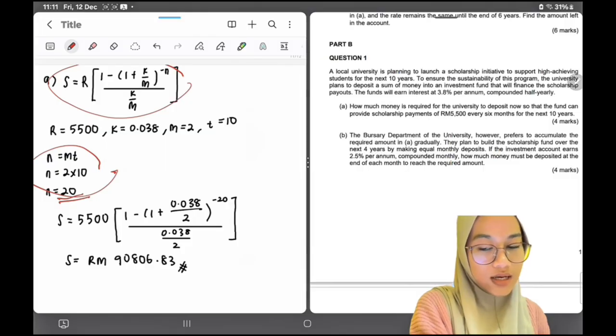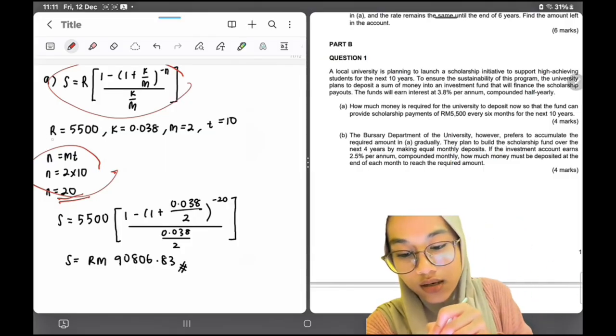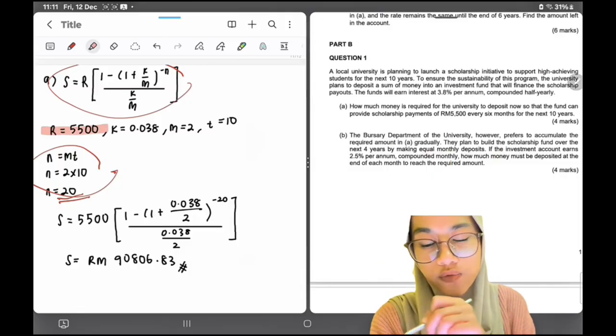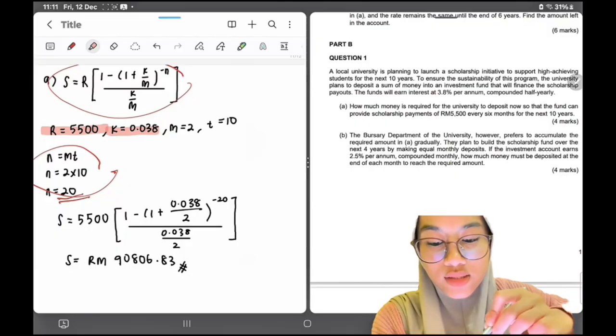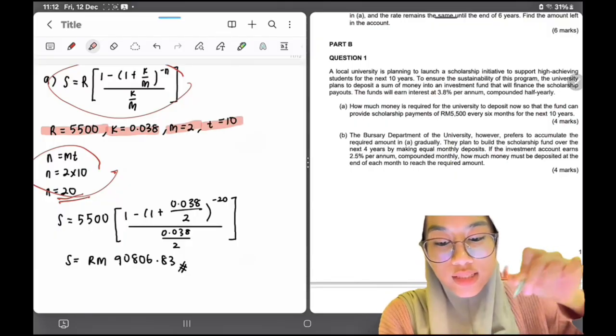I first identify the variables, which are R equals 5,500, K equals 0.038, M is 2, and T is 10.